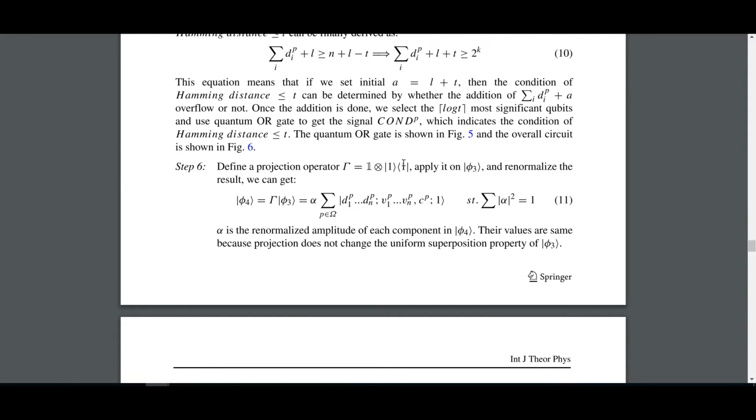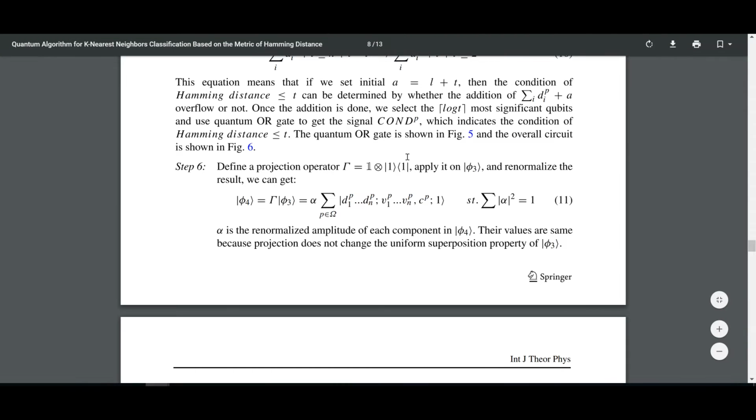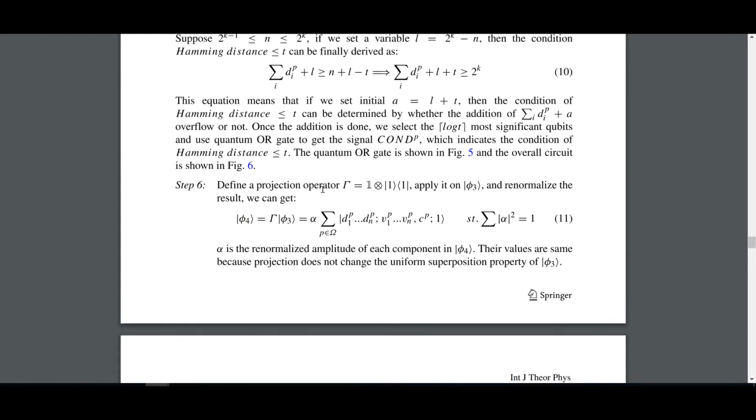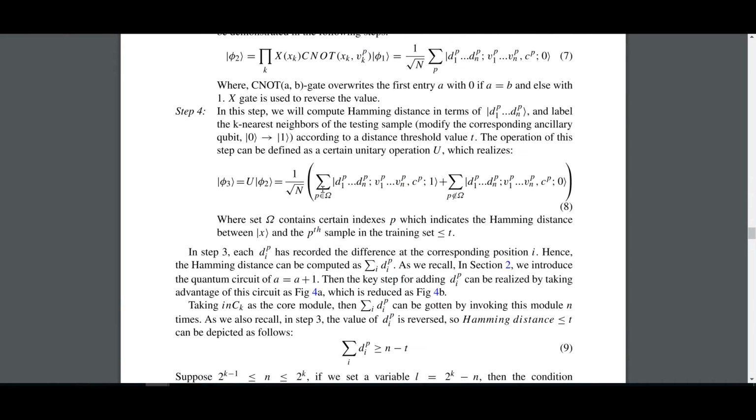I guess you could do it another way, but what they say is you do all the addition and then you pick and make an OR gate, and that tells you which ones spill and which ones overflow and which ones not. So that's kind of step 4.